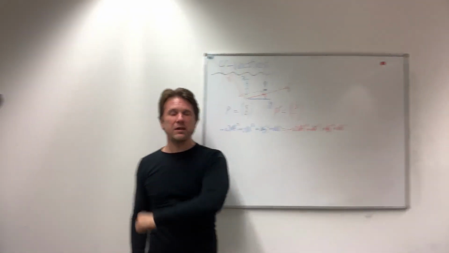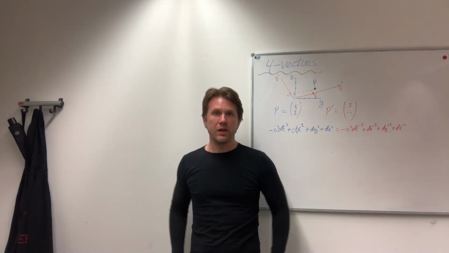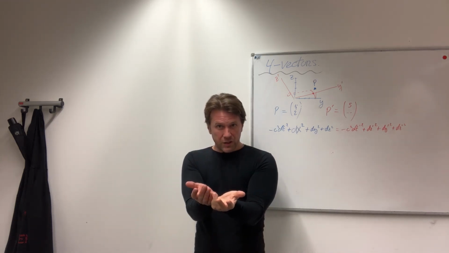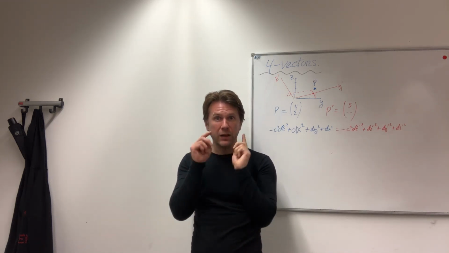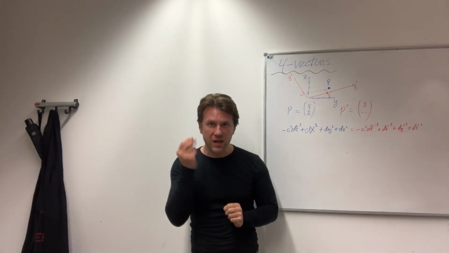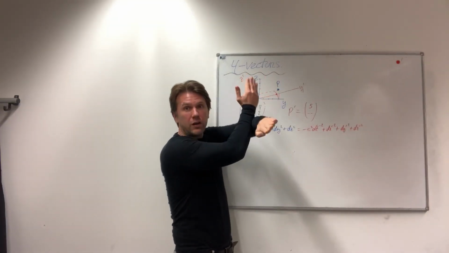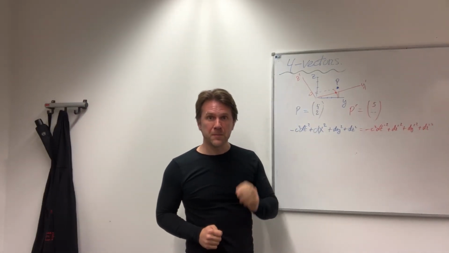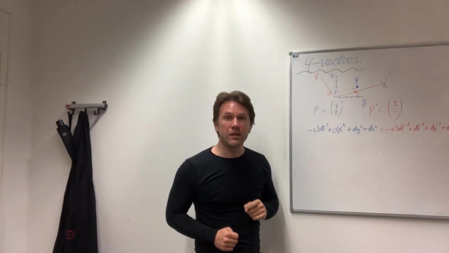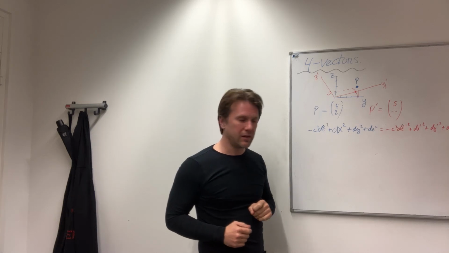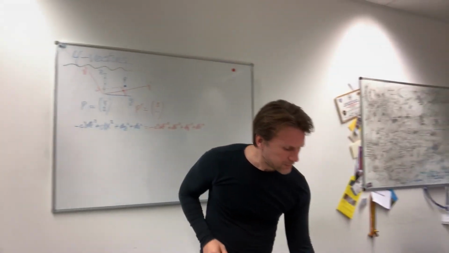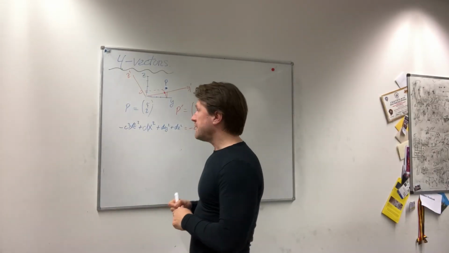And remember, that's enough for a mathematician to take these numbers, group them together into a column and call it a vector because they share a symmetry. And the symmetry is not the rotation as we saw in the original two-dimensional space, but it's going to different inertial systems. And that is what defines a 4-vector.